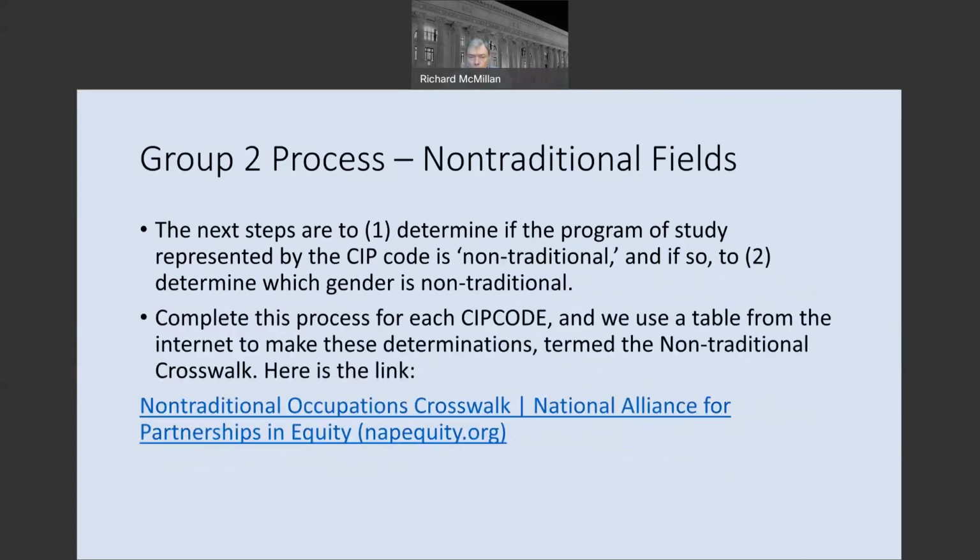Now, the Group 2 process, which involves only the category non-traditional fields.